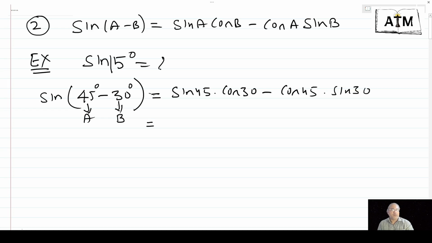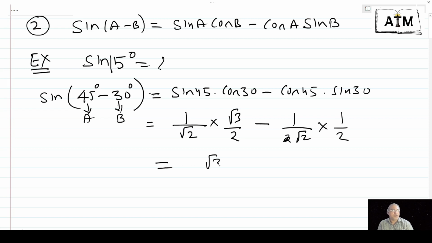After that we write down the respective values of sine 45, cos 30, cos 45, sine 30. So sine 45 equals 1 upon root 2 and cos 30 is root 3 by 2. Cos 45 is 1 upon root 2 and sine 30 equals 1 upon 2.